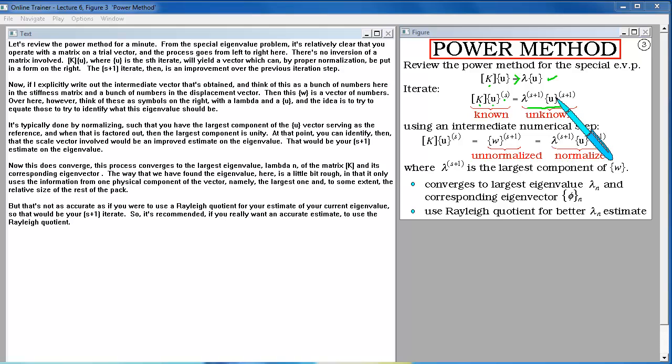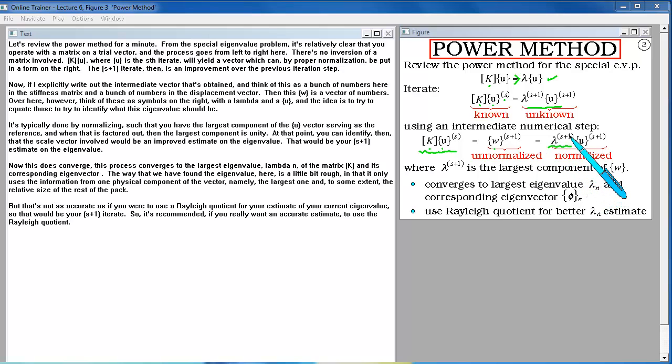Now if I explicitly write out the intermediate vector that's obtained, and think of this as a bunch of numbers here in the stiffness matrix and a bunch of numbers in the displacement vector, then this W is a vector of numbers. Over here, however, think of these as symbols on the right with a lambda and a U, and your idea is to try to equate those to identify what this eigenvalue should be.